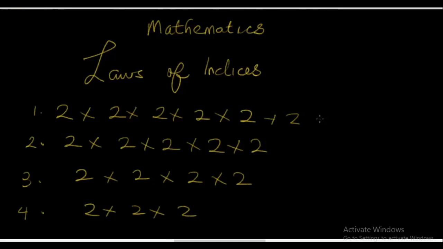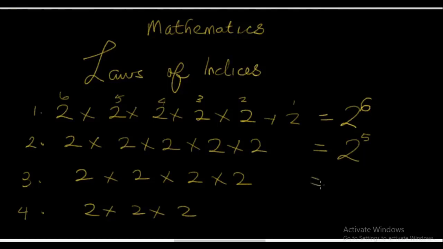Now these numbers can be expressed in the form of 2 raised to the power. We have 6 twos here, so this number can be expressed as 2 raised to the power 6. This one can be expressed as 2 raised to the power 5.